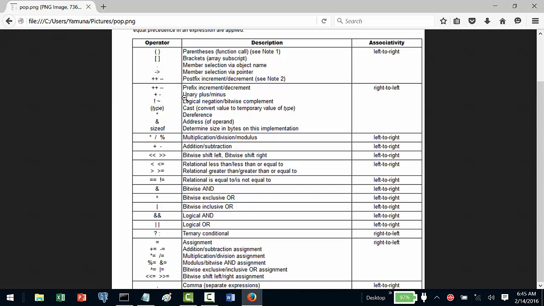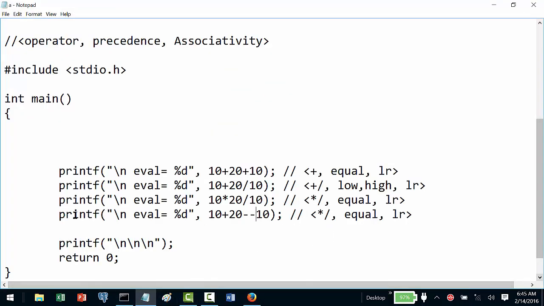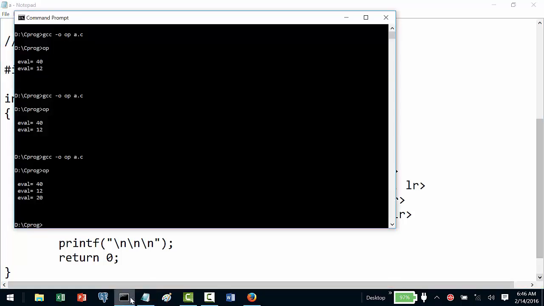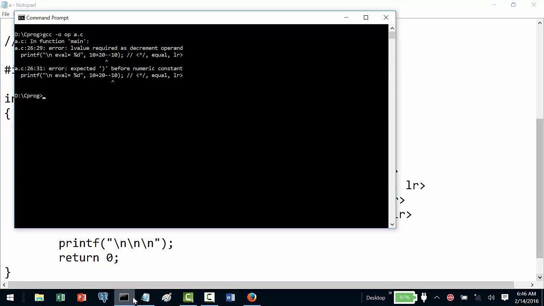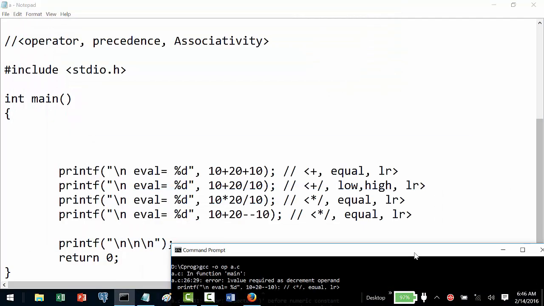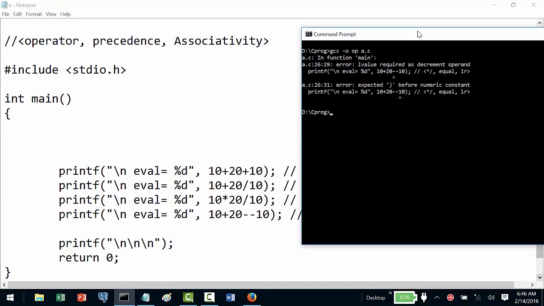My table also has a unary plus and unary minus. So how does the compiler actually look at such an expression? Is it looking at these two as double equal to? Or is it looking at this as 20 minus of minus 10, which is 20 plus 10? Okay, so this is a very tricky scenario. All right. So if you look at this scenario, what is it doing? It suddenly takes that as a decrement operator. See, that's the problem.